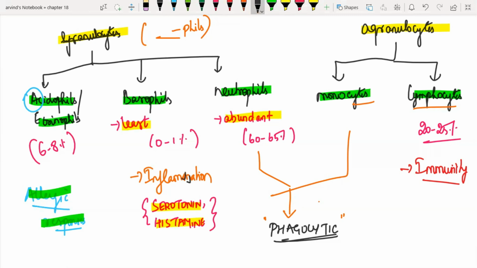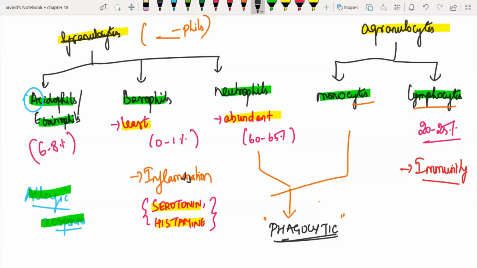Now, the concept here is, following entry of any pathogen or foreign substance, we have an inflammatory reaction, as I've already told. During this inflammatory reaction, which is a protective response, all these neutrophils will try to eat up the foreign substances. If the causative agent for that particular injury or infection is going to be there for a long time and is trying to enter into tissues also, then monocytes get their role.